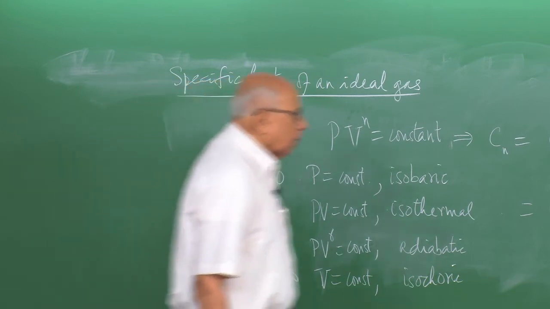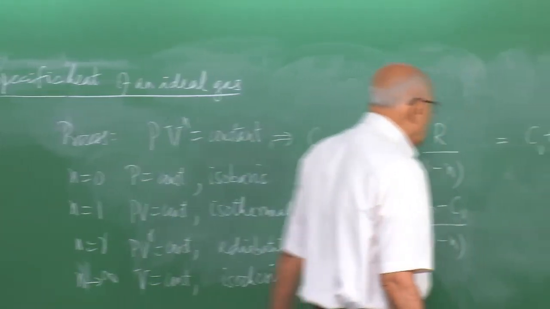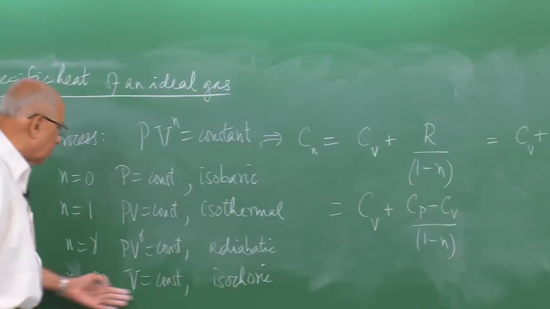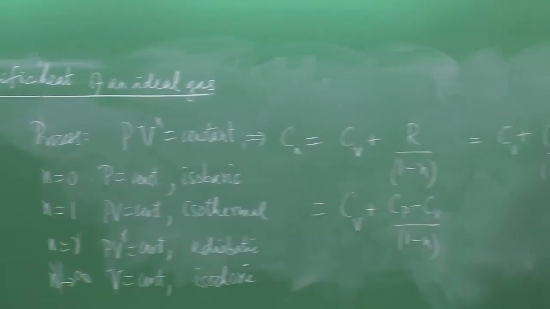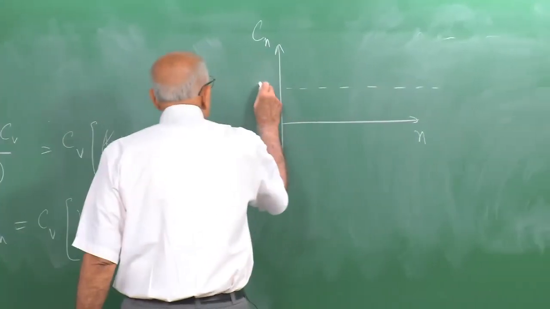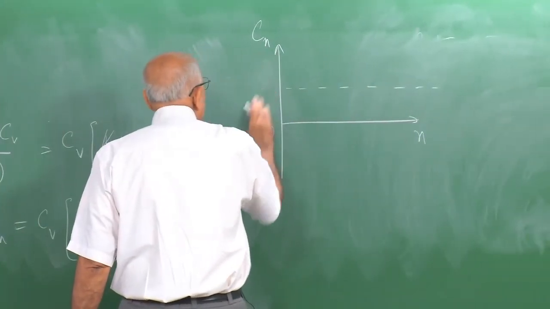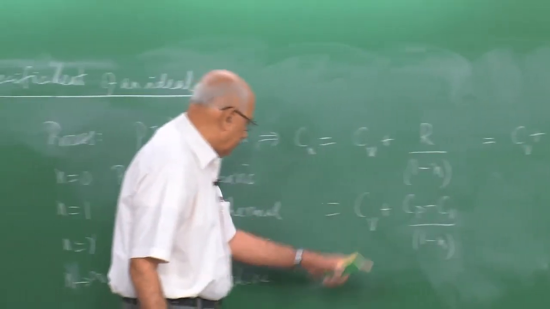Now let us see what happens here. When n tends to infinity, this ratio goes to 1, and you do indeed get C infinity is Cv, that is what you have here. So that is some number, 3/2 R in this case, this is 3/2 R, this is Cv, this point, and that is attained when n tends to infinity.